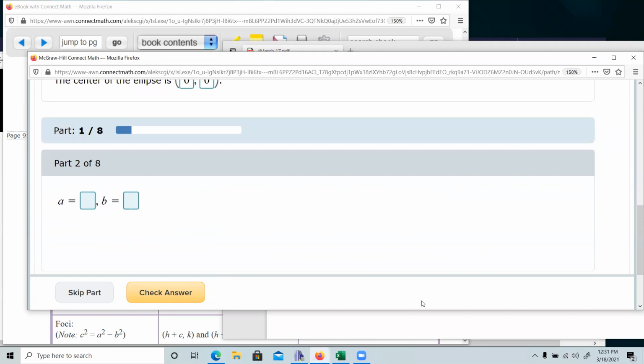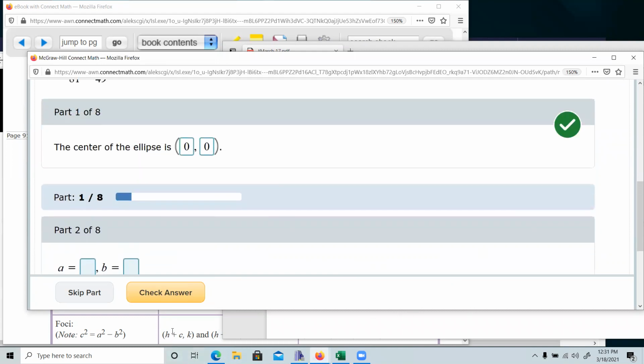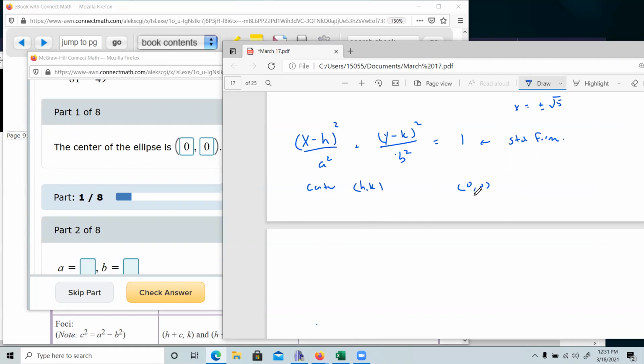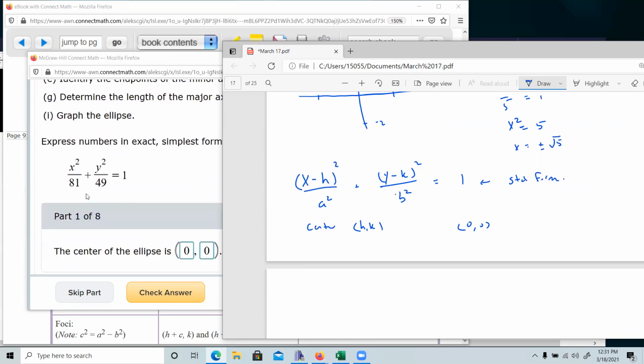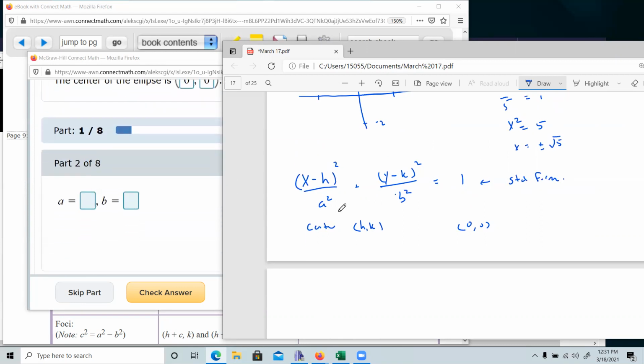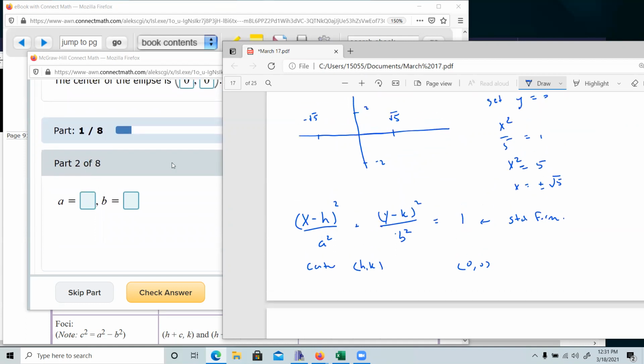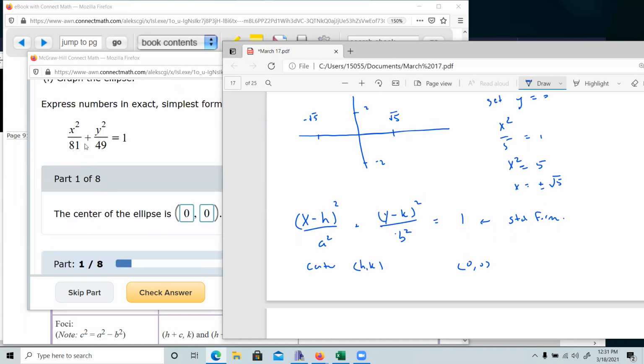A and B. Now, I know different books do this in slightly different ways. Some books will say that A is always the major axis and B is always the minor axis. I'm not really sure the way your book does it. So I'm going to write them in to do my A and B, but I expect to be wrong. So it's 9 and 7, because A squared would be 81 and b squared would be 49.